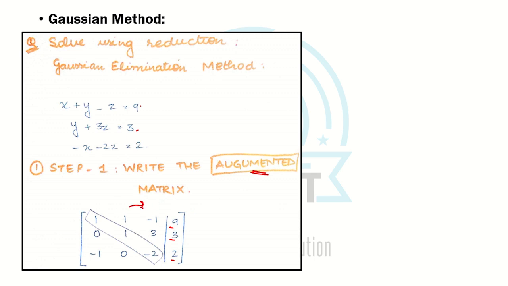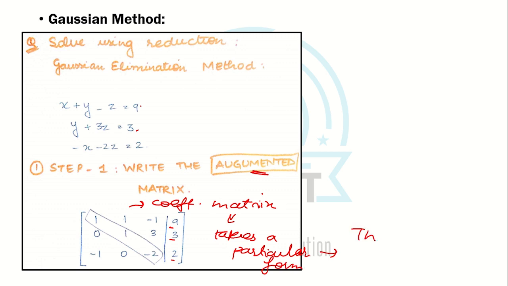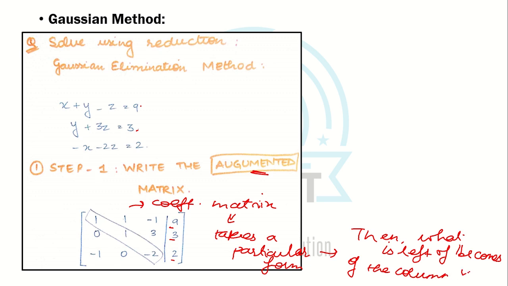So the idea is that when the coefficient matrix takes a particular form, then what becomes of the column vector of constants is precisely the solution to this system of equations.